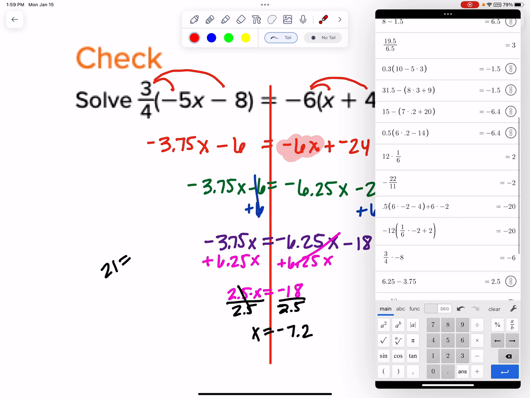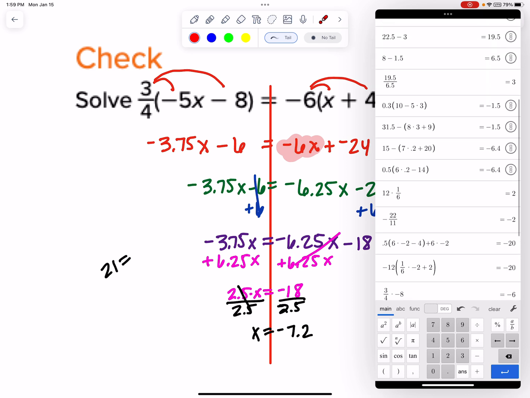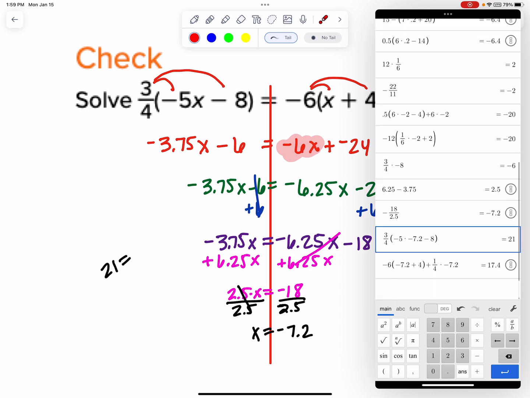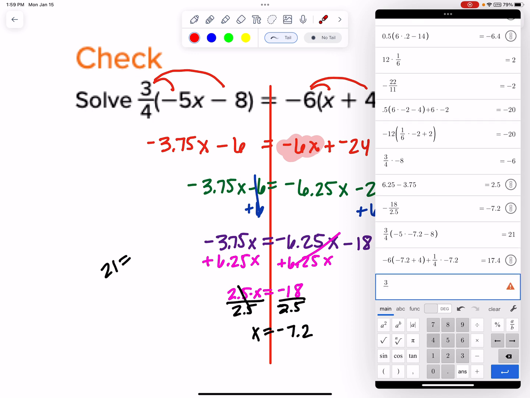The good thing is I've kept a lot of my work up above here, but anyway. All right, so let's go ahead and test that out again. So 3/4 times -5 is -3.75, okay?